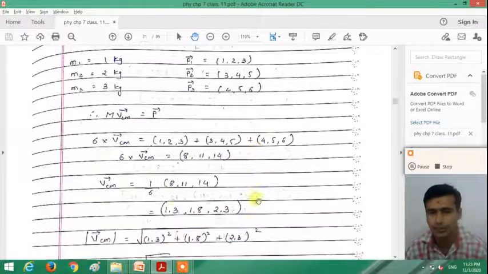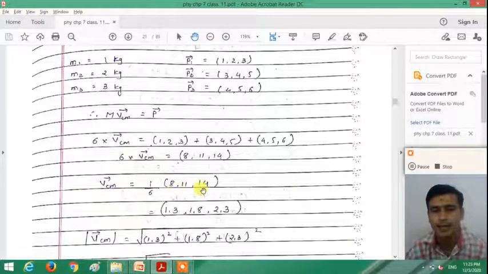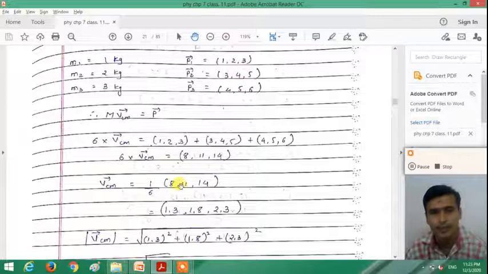So the velocity of the center of mass VCM is equal to 1 by 6 times (8, 11, 14). 8 divided by 6 gives 1.3, 11 divided by 6 gives 1.8, and 14 divided by 6 gives 2.3, right?